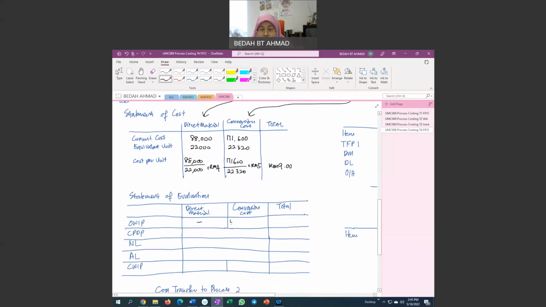So 500 multiplied by RM 5 per unit for the conversion cost is 2,500.